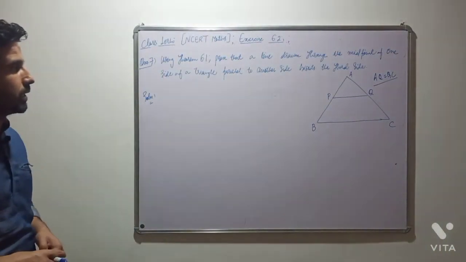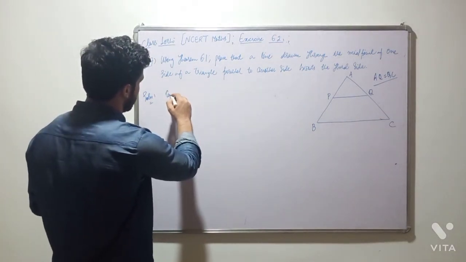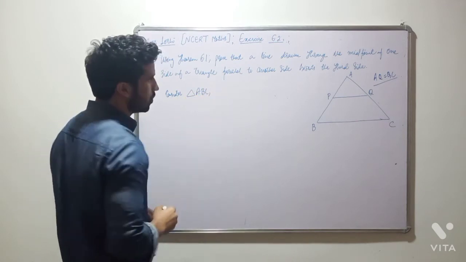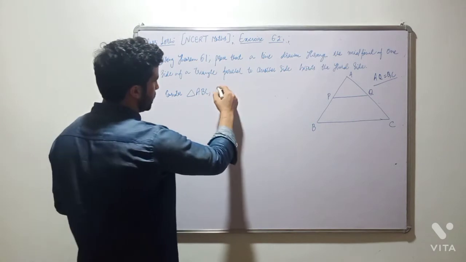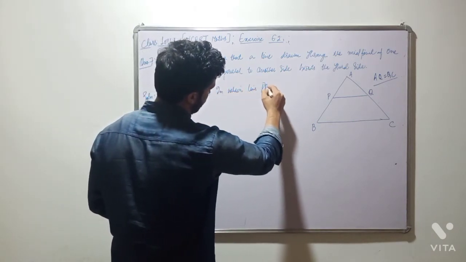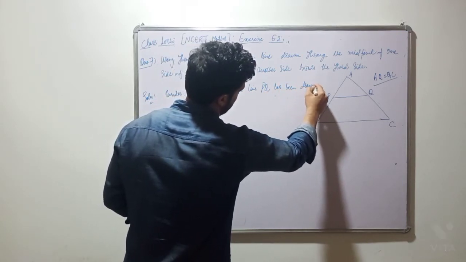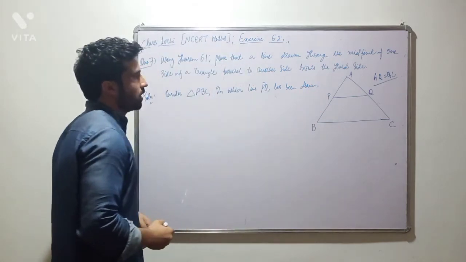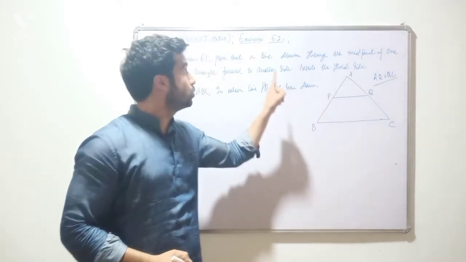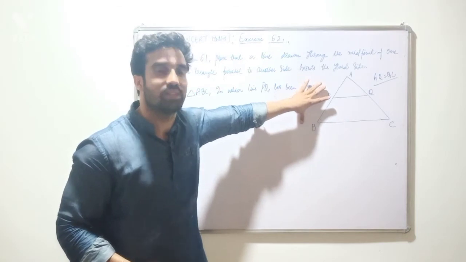Okay, so how will we prove it? In the solution we will first write: consider triangle ABC in which line PQ has been drawn through the midpoint P of AB, means through the midpoint of one side. So P here is the midpoint of AB. This is the given statement.